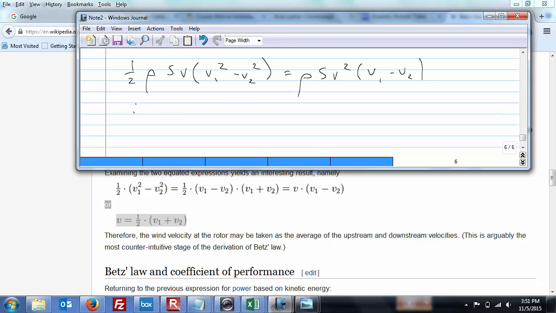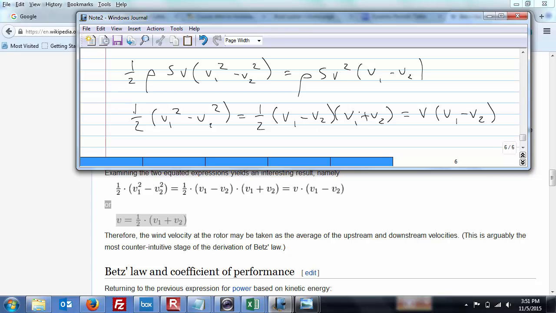We've got 1/2 (V1 squared minus V2 squared) equals 1/2 (V1 minus V2)(V1 plus V2) equals V times (V1 minus V2).